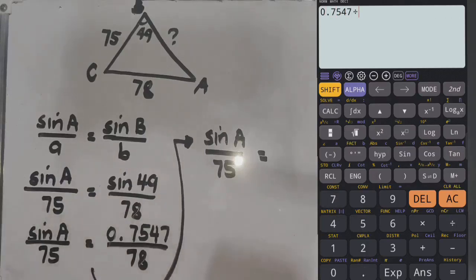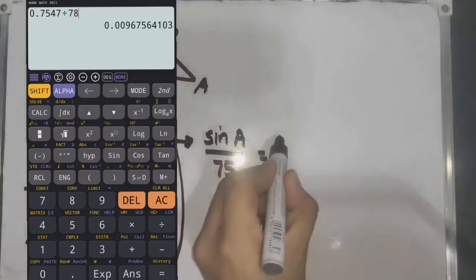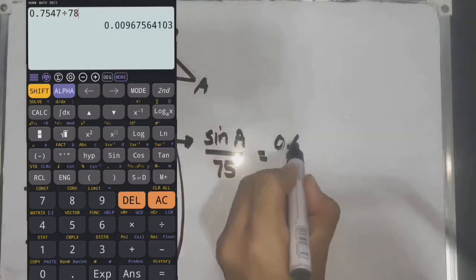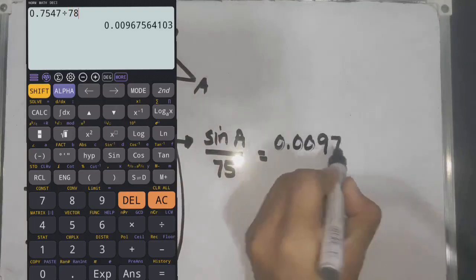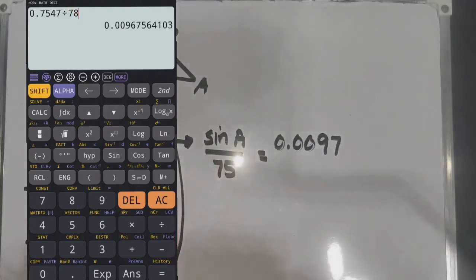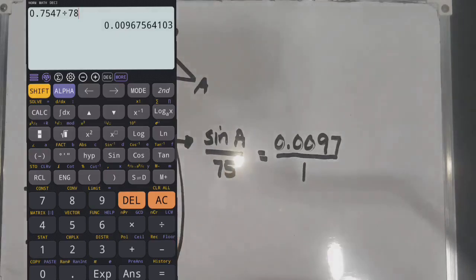So the answer is 0.0097. So yung nasa calculator natin is 0.0967. So mag-round lang tayo ng isa. So yung 6 magiging 7 over 1. So bakit 1? Kasi dinivide natin by 78.